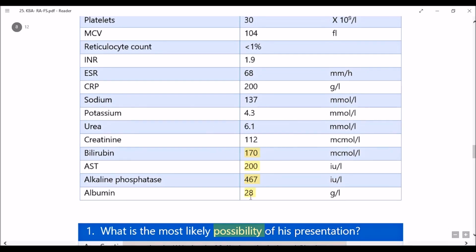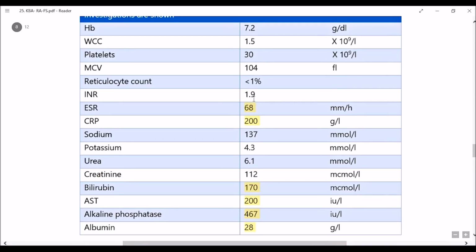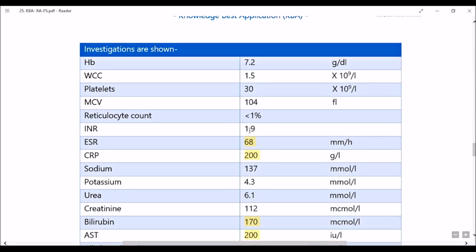So yes, this is hepatitis. We can say the raised bilirubin with the AST and alkaline phosphatase raised, so once again, hepatitis. Creatinine and urea are normal, potassium and sodium normal, but the CRP is very significantly high, the ESR is 68, and the INR is slightly raised.